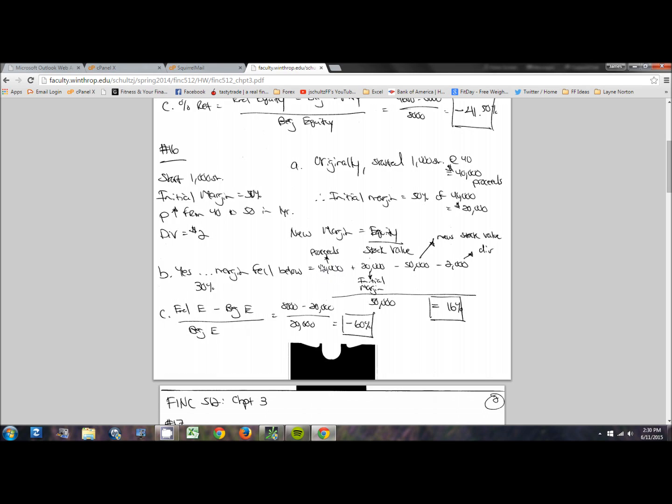Okay. So here's the first thing. Your first asset, we'll get to the equity in a second, is the cash that you receive from shorting the stock. So the proceeds, whatever they are, are indeed an asset to you. In this case, we received $40,000 in proceeds. Boom, that's an asset.